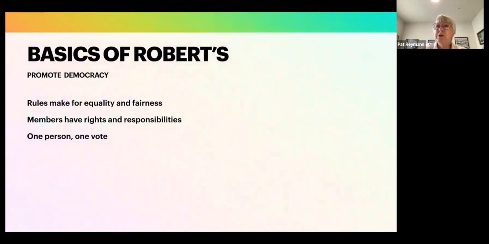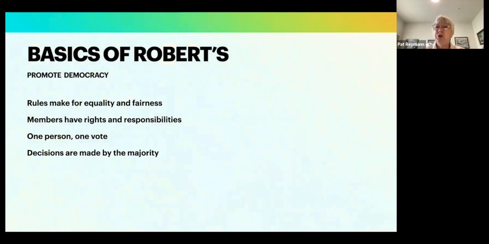We have one person, one vote. Even if you're a brand new member, you get the same vote as somebody who's been in the organization a long time. One person, one vote. Even if someone is an officer or committee chair or whatever, their vote isn't any heavier, any more weighted than yours. It's still one person, one vote.